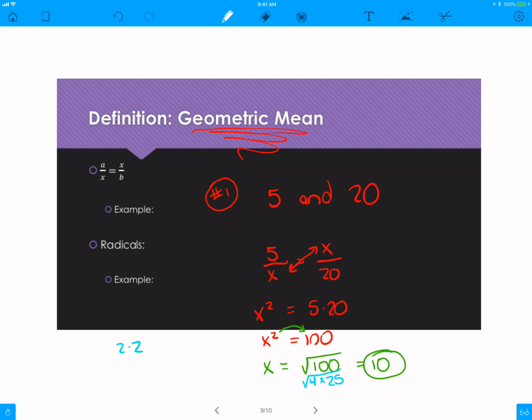So 4 is 2 times 2, 25 is 5 times 5. Since it's a square root, it has an index number of little 2 outside. They don't print that. You'd circle pairs, cross one out, and kick one out. So the 2 and 5 are on the outside, and there's nothing left in the radical. That's why the radical goes away, and your answer is just 2 times 5.